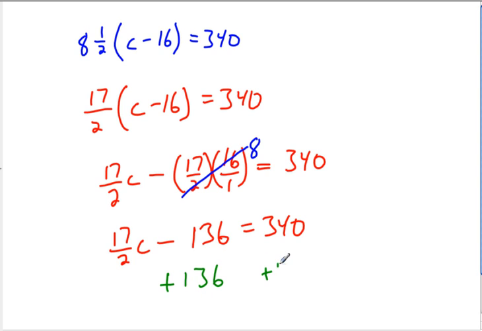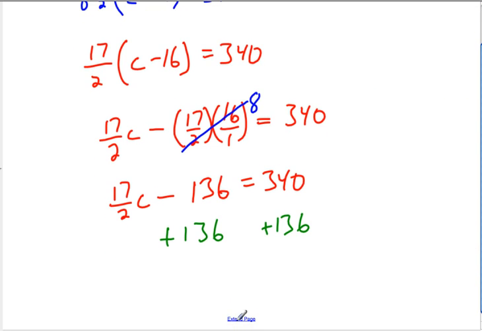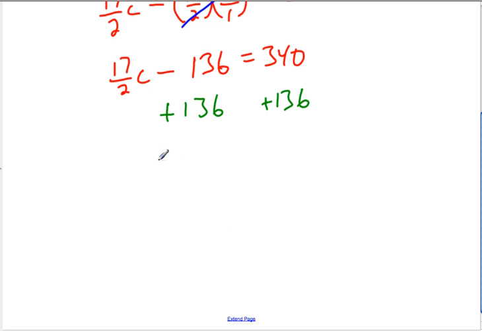And so we're going to end up with, sorry, let me move this down a little bit. We're going to end up with 17 over 2c equaling 476. I don't know why this is going slow right now. And again, so we have this fraction at the end.